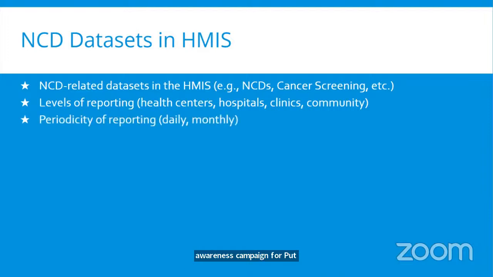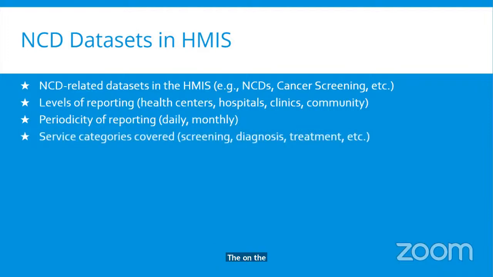As I said, the level of reporting covers the whole healthcare system in Rwanda, from the community up to the hospital, and they report either on a daily basis or monthly, and they cover screening, diagnosis, treatment, and awareness.